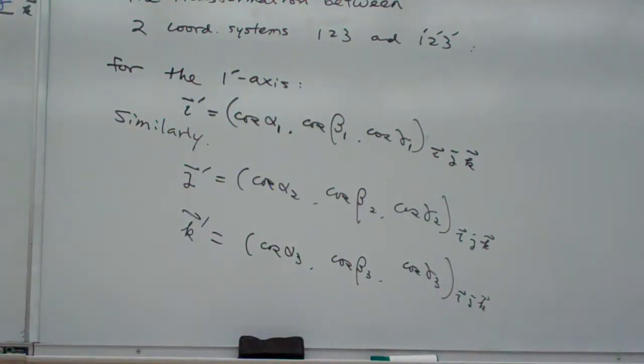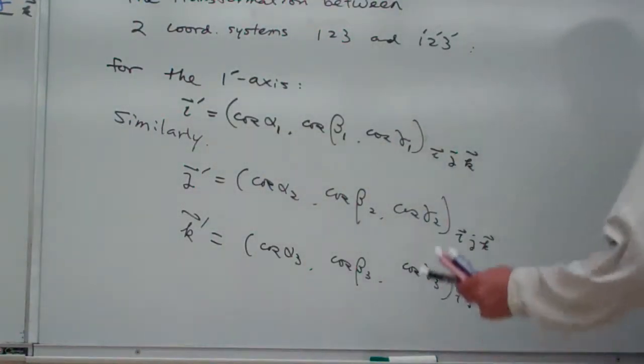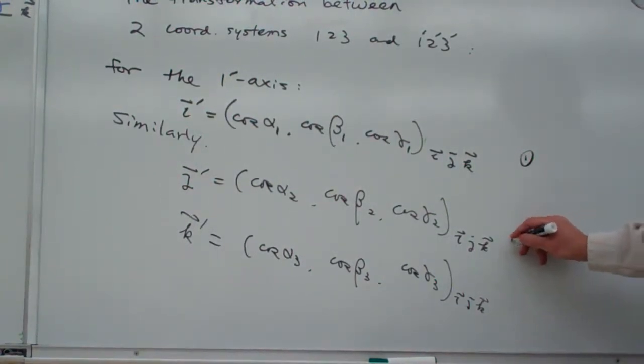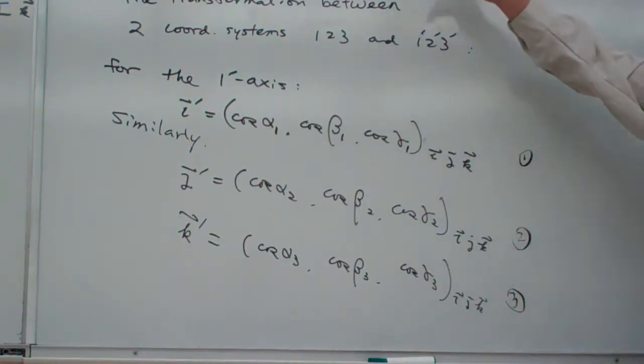So basically, the 1, 2, 3 equations constitute the rule for transforming the coordinate systems.